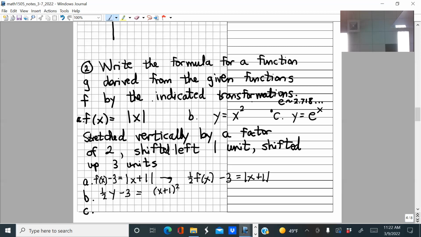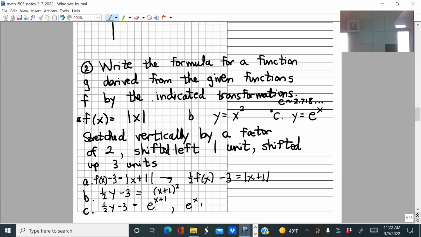What about for the e to the x? Same thing, right? Except how do you add 1 to x here for e to the x? That's right, it's e to the x plus 1. Okay. Don't write the plus 1 here.